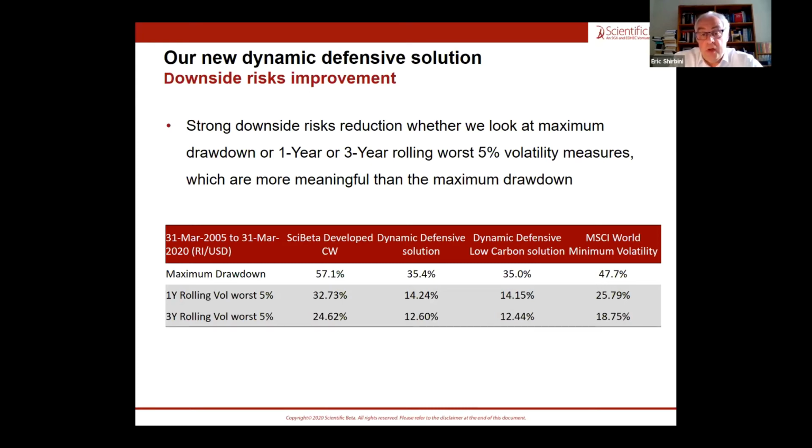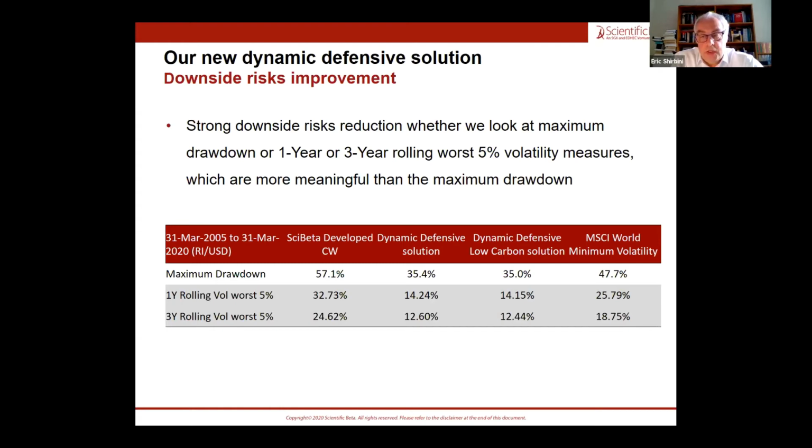Now, maximum drawdown only tells you what happens at one period of time, which in this particular case was the financial crisis. So it's also very useful to look at a rolling window of volatility. We show here a 1 year rolling window and a 3 year rolling window of volatility, and we look at the 5% worst cases of each.